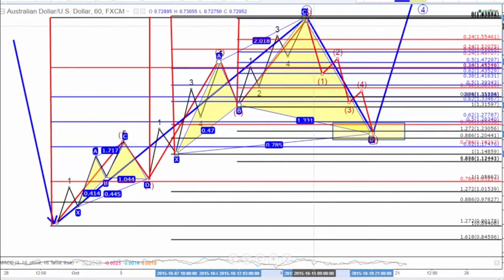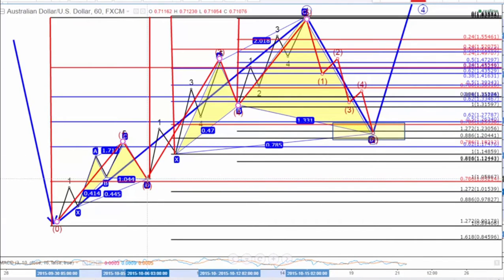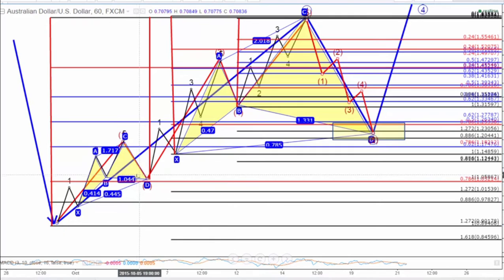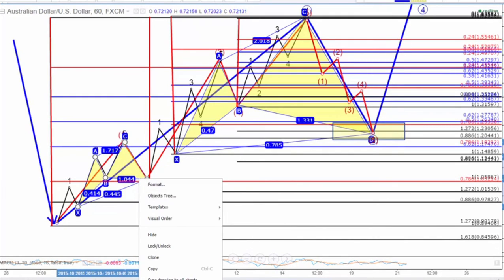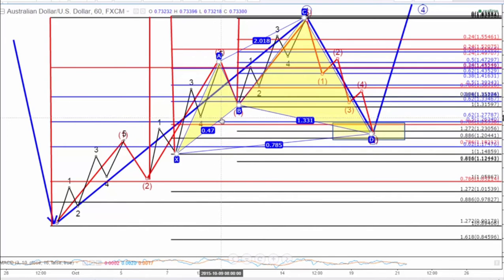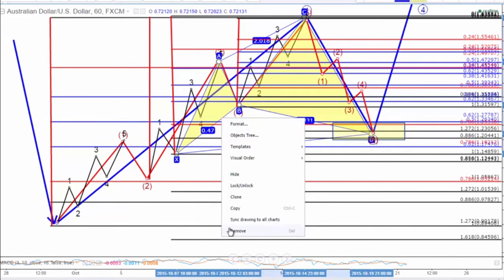So when we look at waves, you have the primary trend, the intermediate, and the minor. Let me get rid of the harmonics, we're not needing this at the moment.